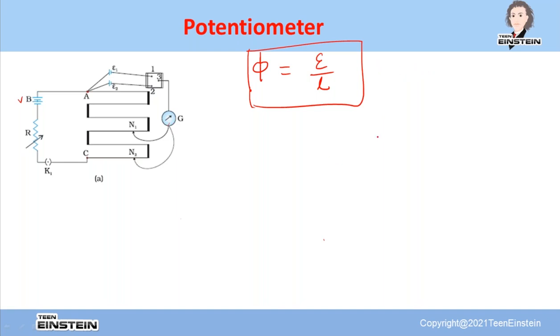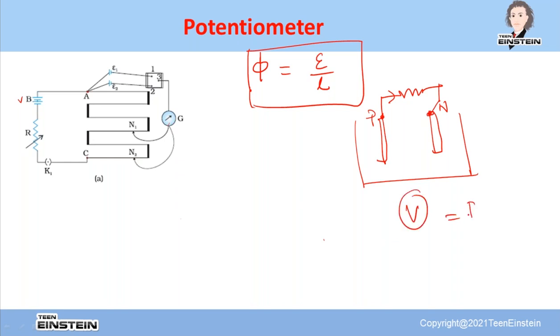I think we have already discussed: if you have a cell with two electrodes, one positive and one negative, and an external resistance is connected and current is flowing through it, the potential across the terminals will be V, which can be written as I into R. And if there is no current, then the potential across the positive and negative terminals will be E. This is called the EMF of the battery, and this is called the terminal potential across the cathode and anode, across the two terminals, and they have a relationship.